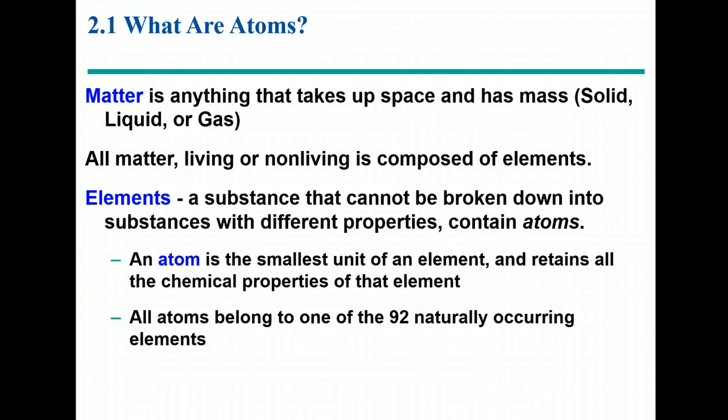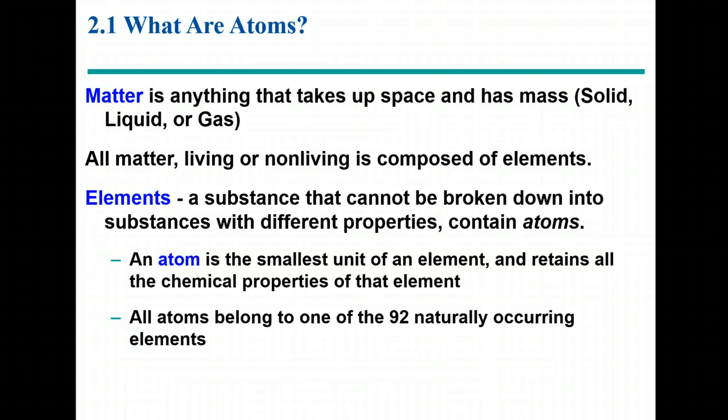Elements are defined as a substance that cannot be broken down into substances with different properties. Elements contain atoms. An atom is the smallest unit of an element that retains all the chemical properties of that element. For example, the element oxygen consists of oxygen atoms.